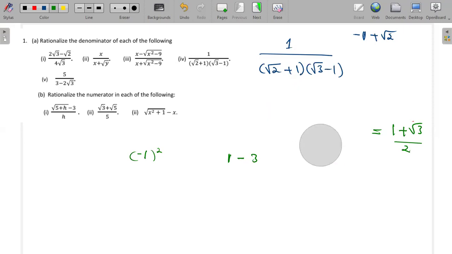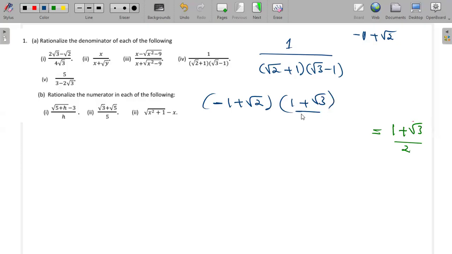Okay, so now that I have that part, what do I do? You see now they are multiplying, so I bring them back. They're multiplying, so we are going to multiply. That is negative 1 plus root 2, multiplied by what we've just found there as 1 plus root 3, over 2. So this is what we are going to multiply. Here it is over 1, so that means down there you have over 2. Then here you have negative 1 multiplied by the 1 gives us negative 1.